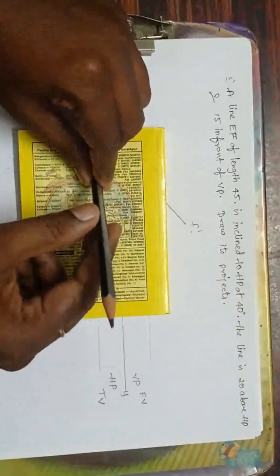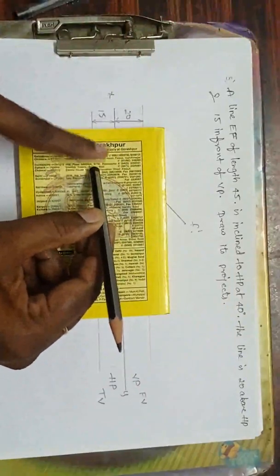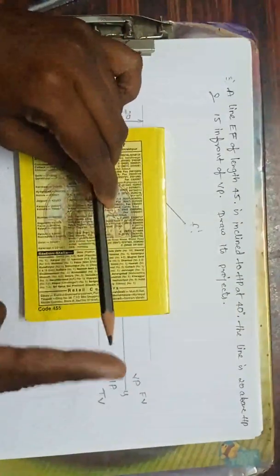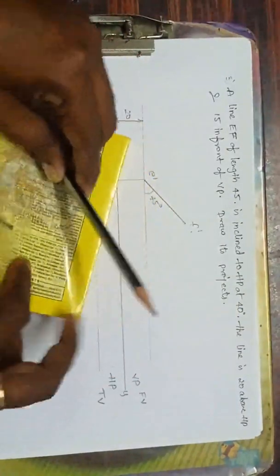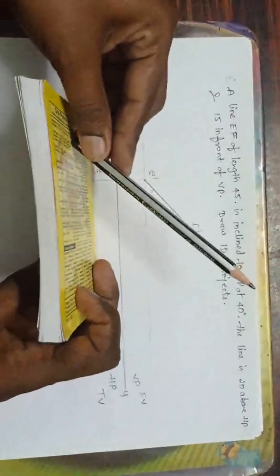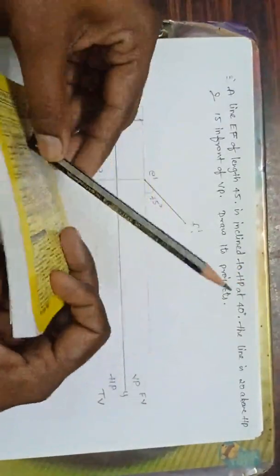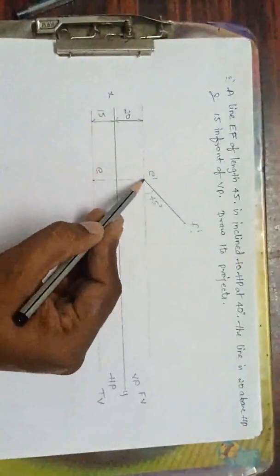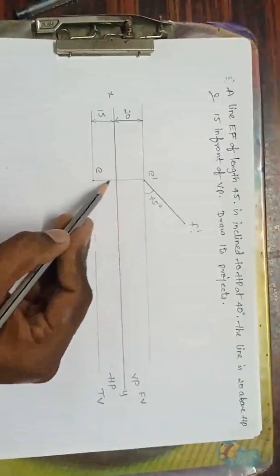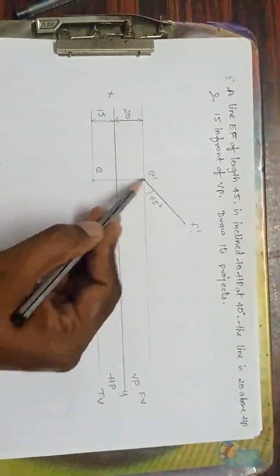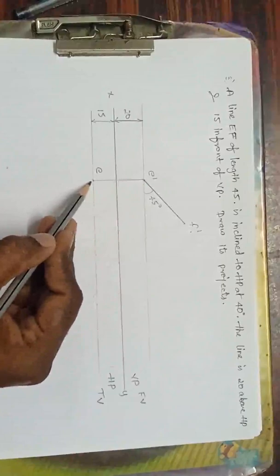But what I'll do here is, this is E, which is touching the HP, and this is F at some height. That I can see in the front view, and the inclination to HP I can see in the front view. I have projected this E dash onto the top view, onto the HP, with a straight line.